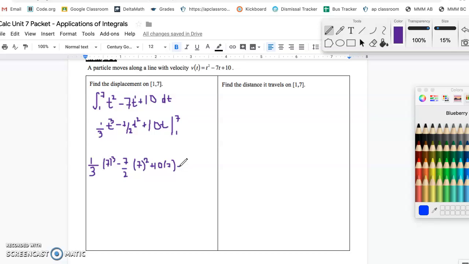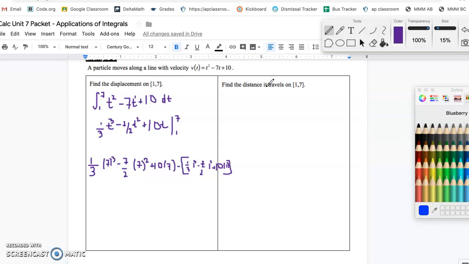And this will be minus 1/3 of 1 cubed minus 7 halves times 1 squared plus 10 times 1. Sorry, that got messy. You can simplify it if you want. We're just going to leave it like this here. I trust you guys can do the algebra.